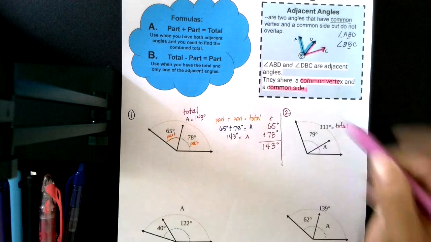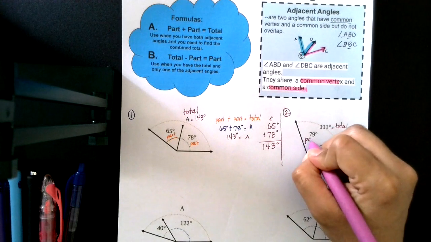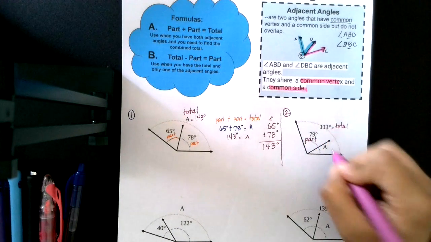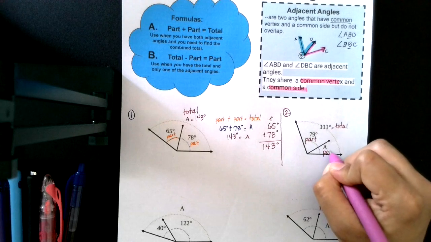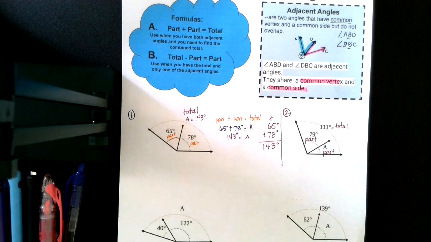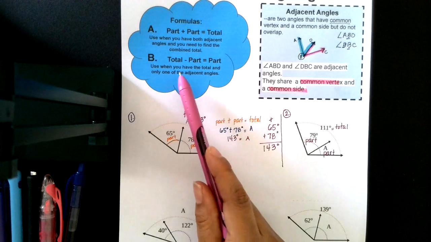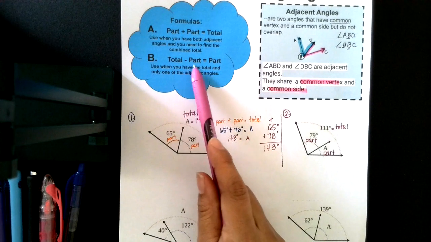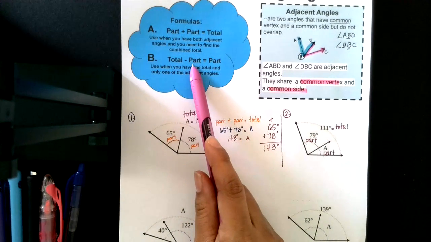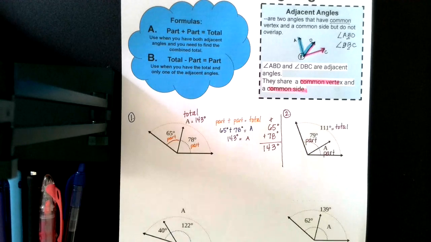Okay, so this is a part, and A is the other part, right? So if I look over here, I have the total. I'm going to subtract the part that I know, and that will give me the missing angle.